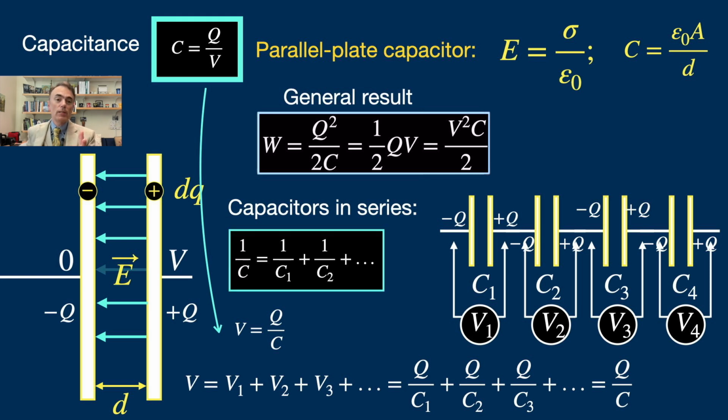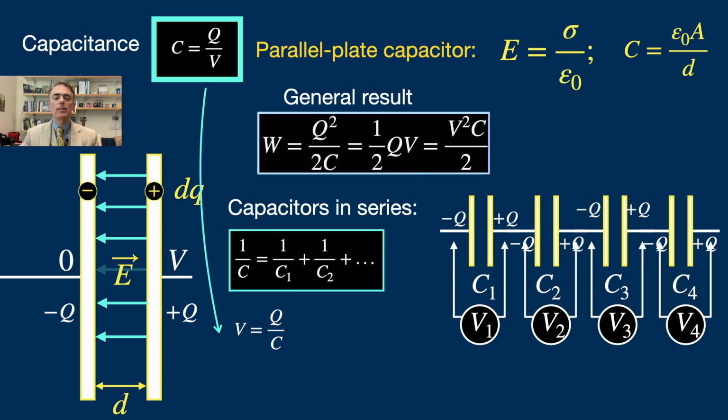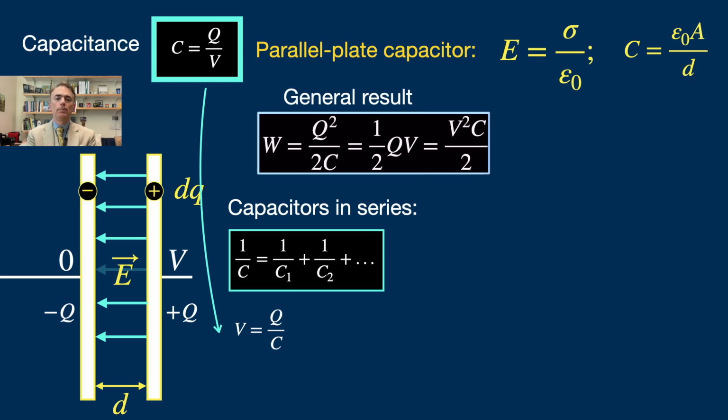So the formula for capacitors in series is 1 over the total capacitance equals 1 over C1 plus 1 over C2 plus, and so on, where C total is the total capacitance of the set.